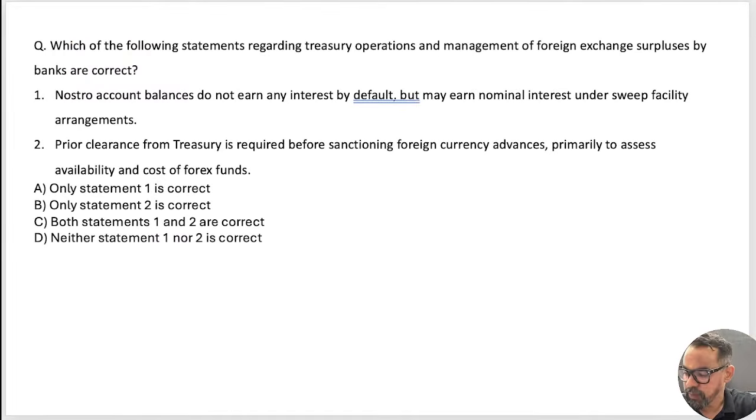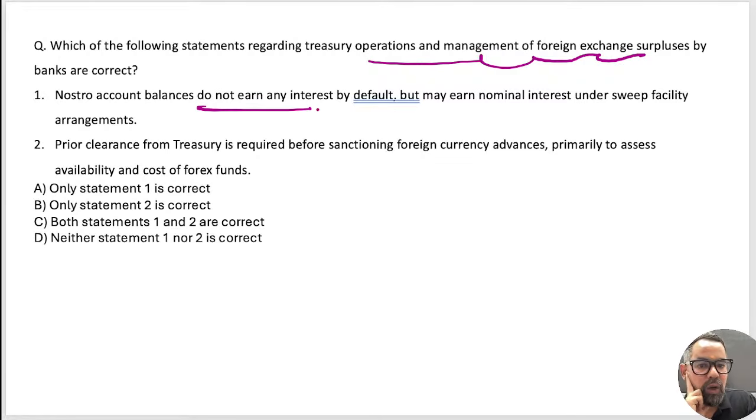Next one. Nostro account balances do not earn any interest by default, but may earn minimal interest under sweep facility agreements.